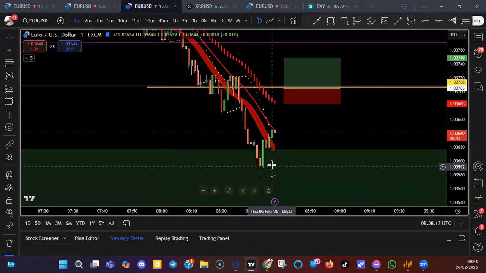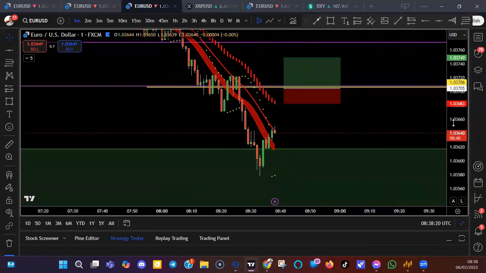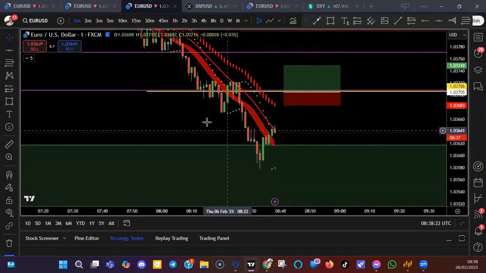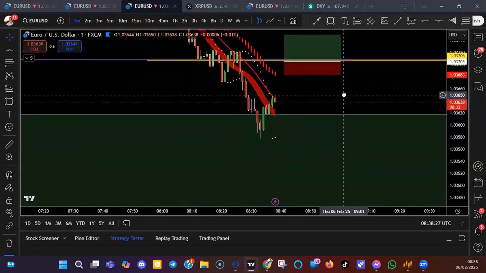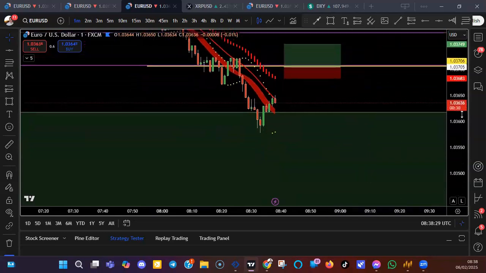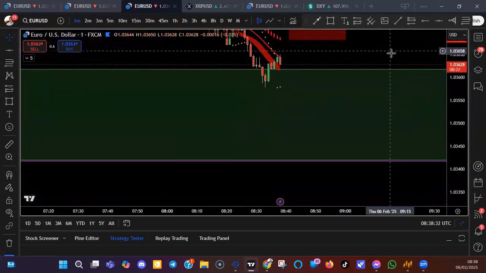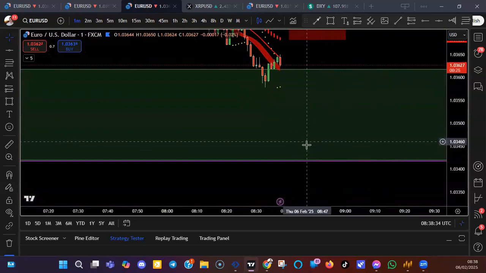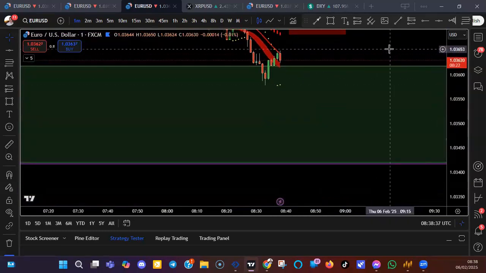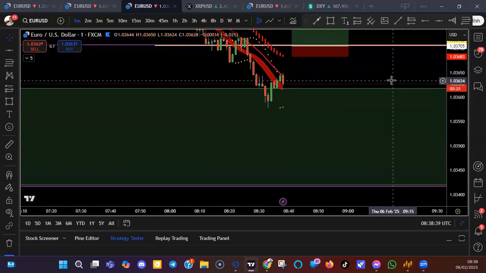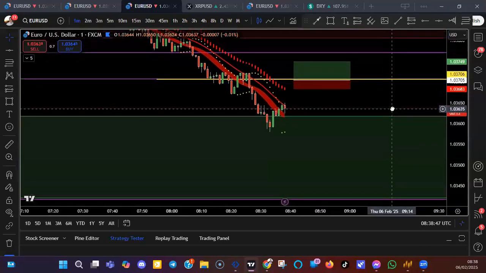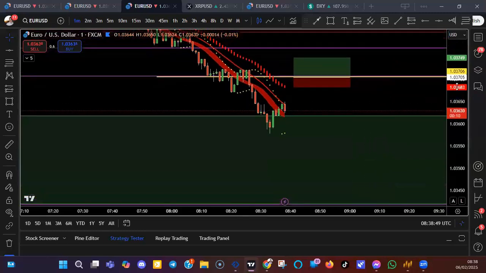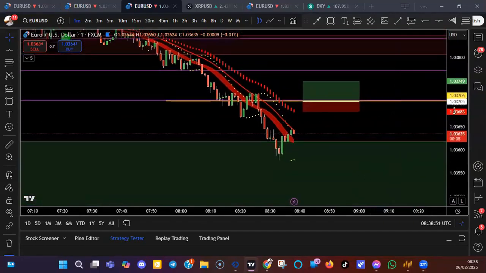Parabolic SAR flipped down below, but you know, it could be fooling us out, getting more buy orders, getting equity for themselves, and then going yet deeper, which we know that they want to do, but we don't know when. They might do that later on this morning, or even could be next week. But this is the scenario we're looking at the minute.